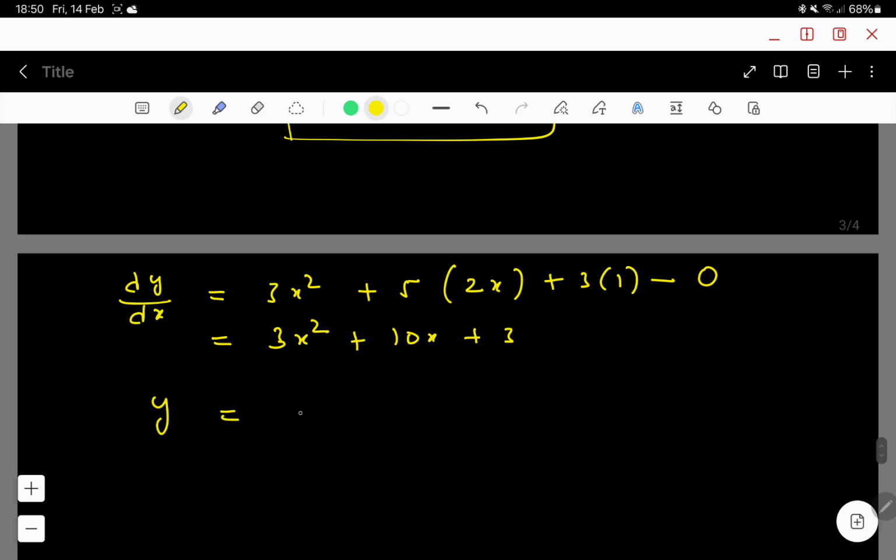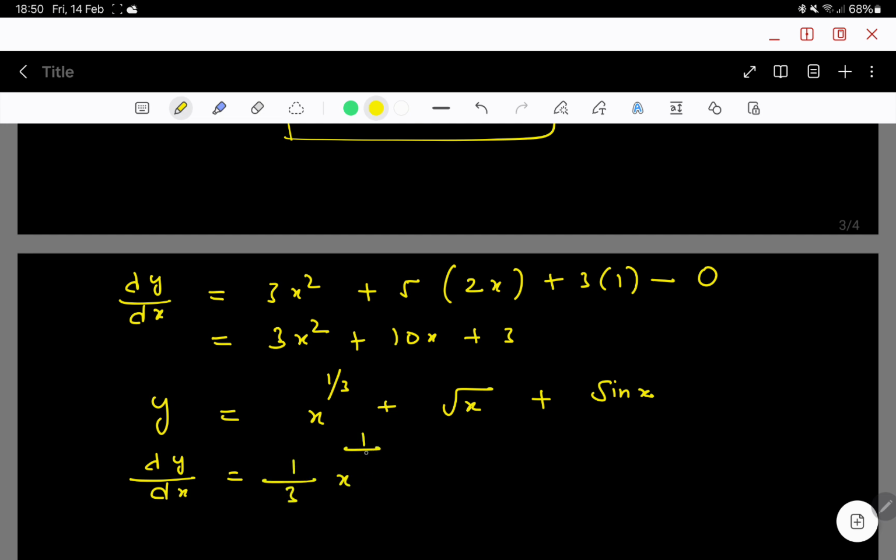So next y is equal to x power 1 by 3 plus root of x, that is x power 1 by 2, plus sin x, okay. So dy by dx is differentiation of x power 1 by 3 times x power 1 by 3 minus 1, plus 1 by 2 root of x, okay, differentiation of root of x is 1 by 2 root of x, differentiation of sin x is cos x, okay.